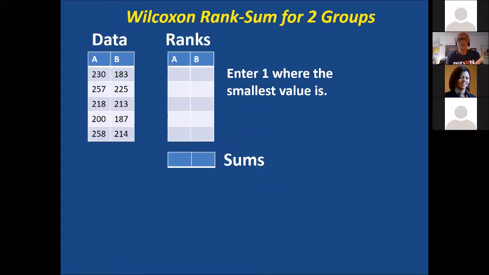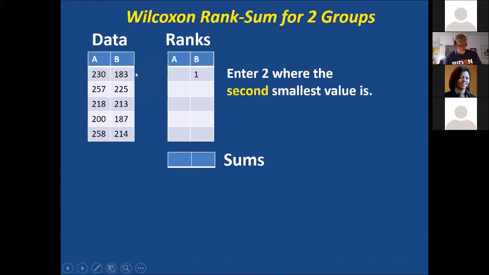First, I want to show you with some small amount of data how Wilcoxon works. So you're not going to do any of this on your computer. Just follow along. These are data that I took, maybe TC-Pre or something like that, from two of the groups. You have 5 numbers in this group, 5 numbers in this group. So what you do first is you look at all 10 numbers and say, where is the smallest value?